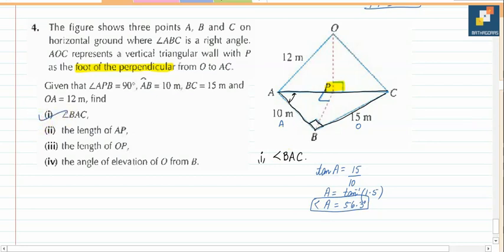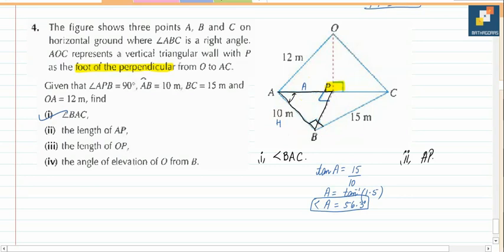After that you need to find the length of AP. Now I'm going to rub this triangle. For AP I'm going to consider APB. Now try it by yourself. Find the value of AP. Since it is a right angle triangle and angle A is known, right? It's 56.3. So you have the value of hypotenuse, and what is unknown? The unknown is adjacent.